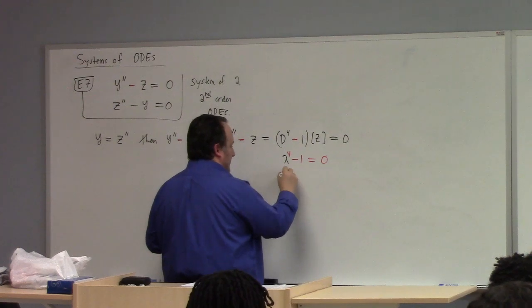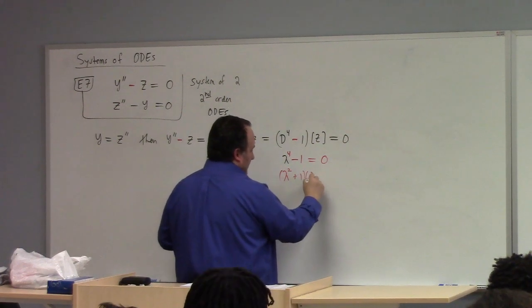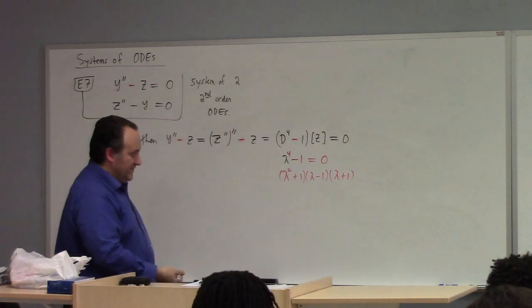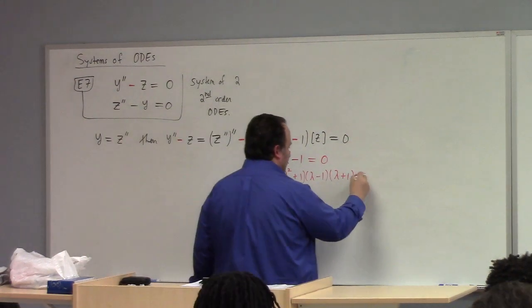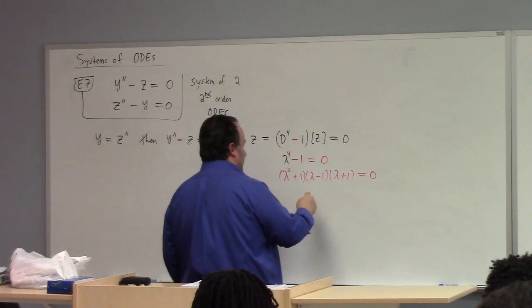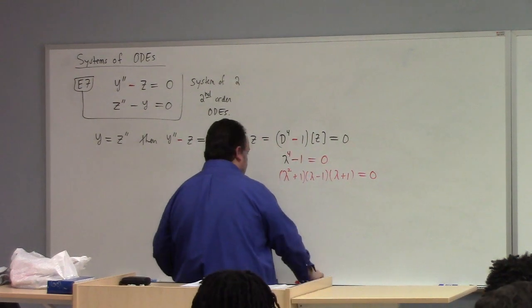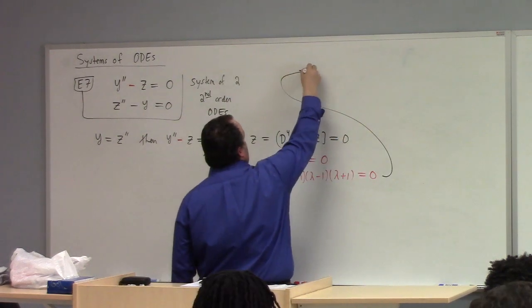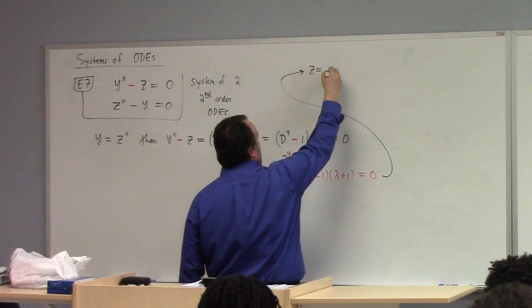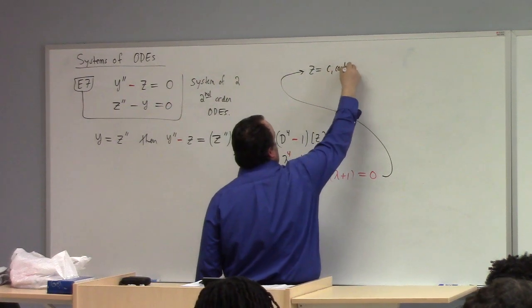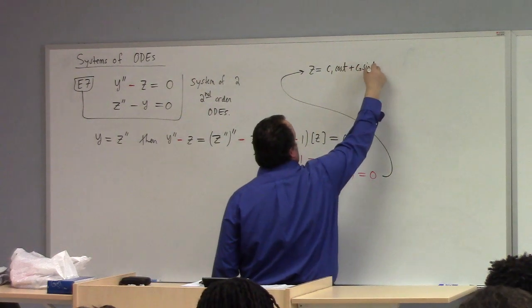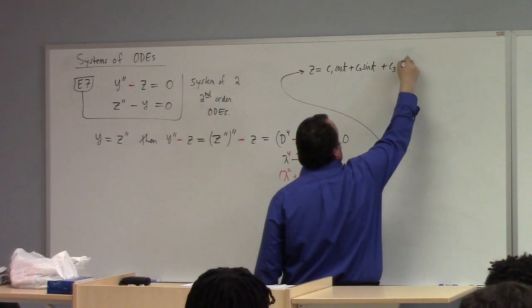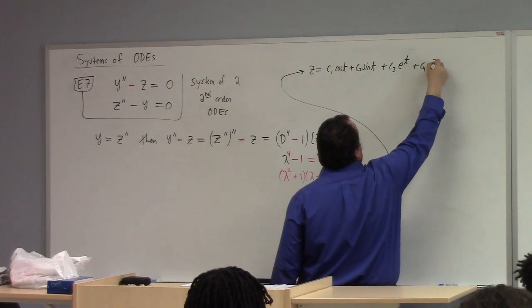So that, of course, is lambda squared plus 1 times lambda minus 1 times lambda plus 1. Great. This gives us the lambdas, so anyway, the solution is z equal to c1 cos t plus c2 sine t plus c3 e to the t plus c4 e to the minus t.